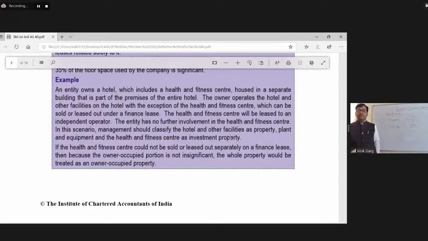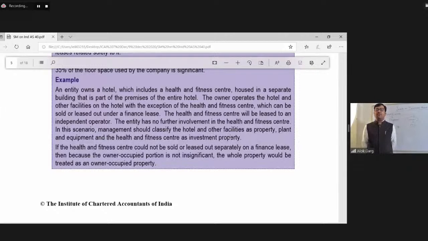The owner operates the hotel and other facilities with the exception of the health and fitness center, which can be sold or leased out under a finance lease. The health and fitness center will be leased to an independent operator. The entity has no further involvement in the health and fitness center.